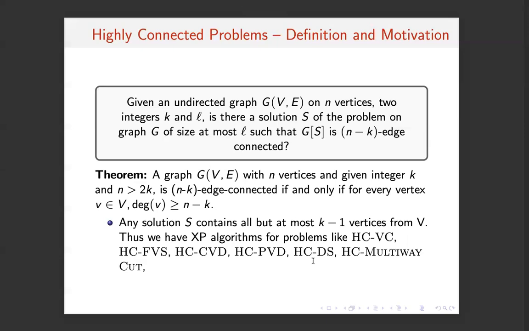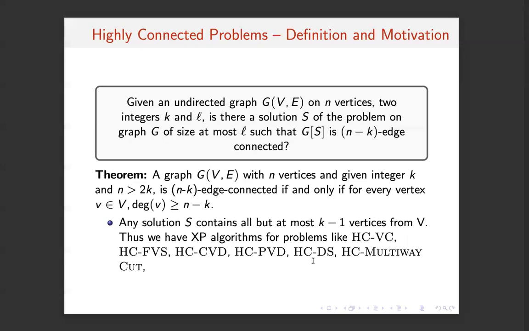Similarly, for highly connected multiway cut, given a graph on n vertices, integers k and l, and an additional set of vertices T, it asks to separate all the vertices of T after deleting a set of vertices S. That is, we want to remove a set of vertices S such that in the remaining graph, no two vertices from T are connected via a path.